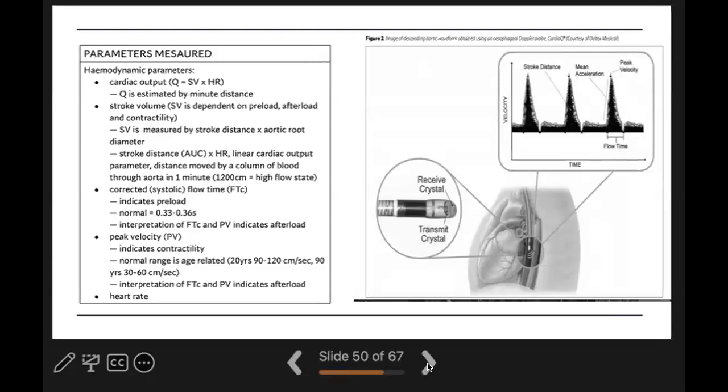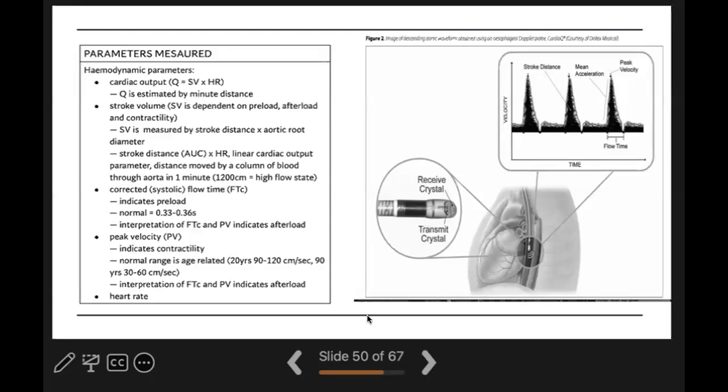And it also measures something called corrected systolic flow time, that is FTC, which indicates the preload of the patient. And the normal value is between 0.33 to 0.36. And it also measures a value called peak velocity, where you can see the amplitude of the wave which you are getting from the Doppler principle, the peak velocity, which actually indicates contractility of the patient.